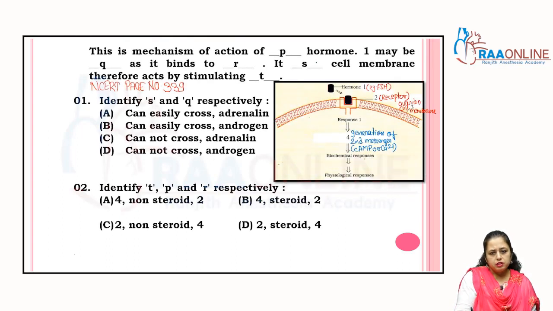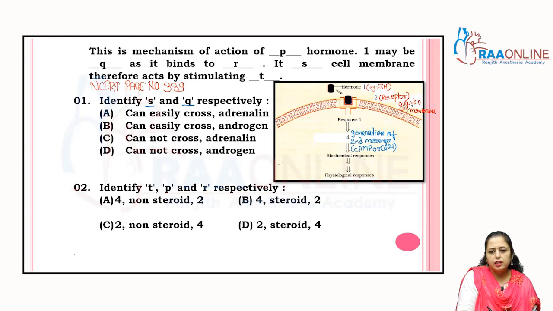Now the action of hormone P: one may be Q, as it binds to R, the S cell membrane, therefore acting by stimulating the T, right?